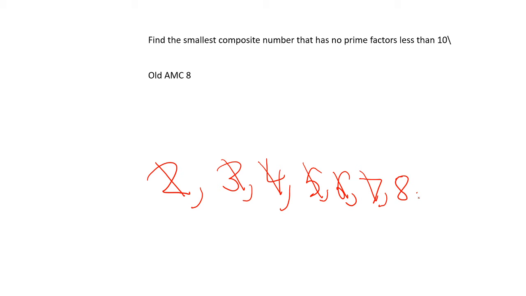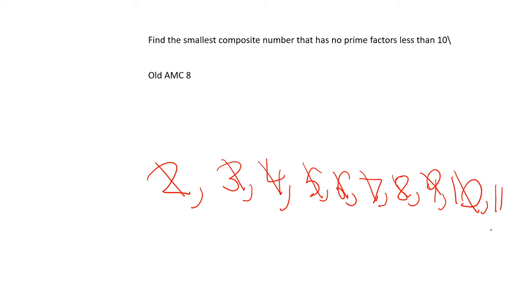Cannot be a multiple of 8, 8 is a multiple of 2, and it's less than 10. Can't be a multiple of 9, because it's a multiple of 3, and it's less than 10. And 10 can't be because it's a multiple of 2.